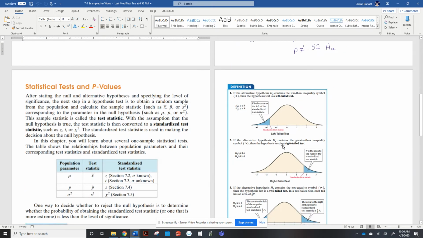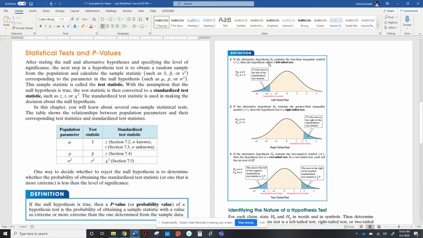So these are the three kinds of tests that we have. We're either going to have a left tail test, a right tail test, or a two tail test. And those tests are going to be determined based on the alternative hypothesis. So be sure you're hearing my words.